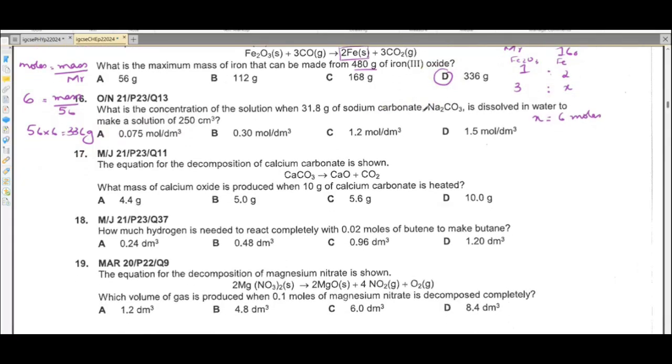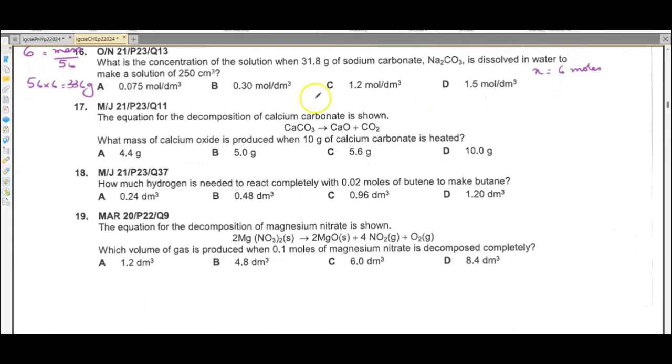Moving on to question number 16. What is the concentration of the solution when 318 grams of sodium carbonate is dissolved in water to make a solution of 250 centimeter cubes? Now we need to find the concentration of sodium carbonate, and we have its mass and we have its volume.